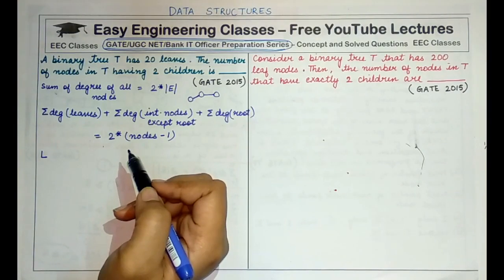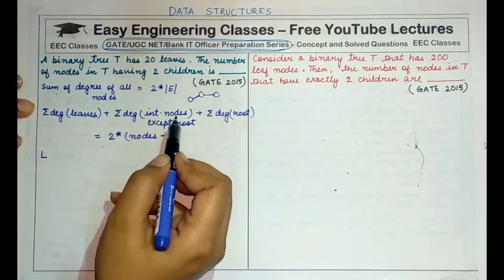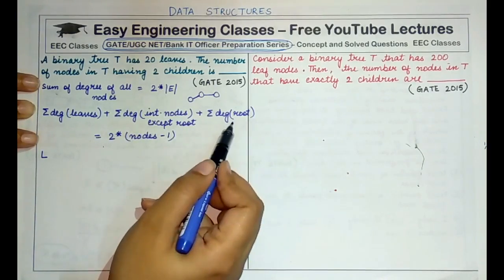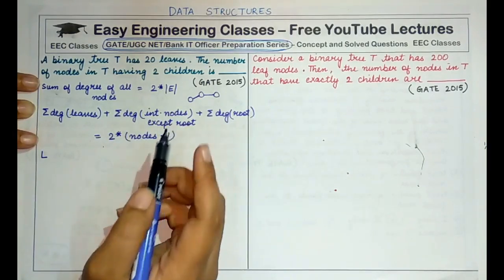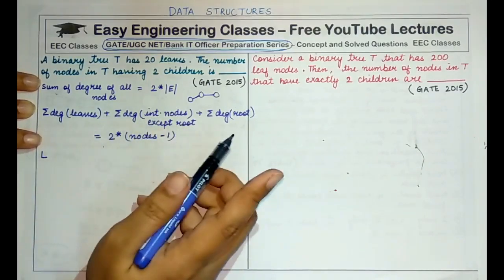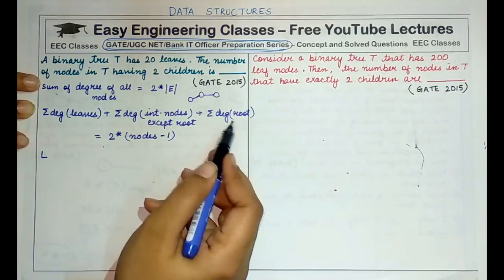Since each internal node has k children, and as well as it has an incoming degree from its parent, therefore the degree of each internal node would be k plus 1. But for the root, the degree would be k because it does not have an incoming node, because the root does not have any parent. That is why we wrote the root separately.